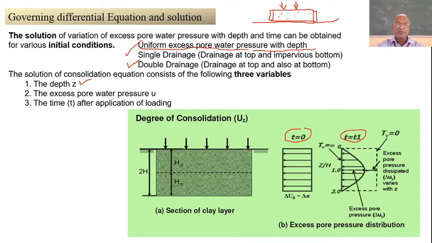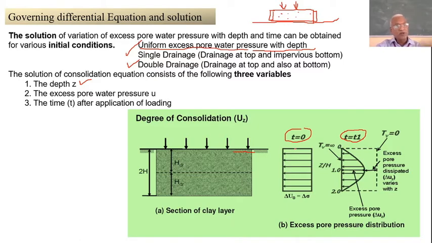Then what happens is, nearer to the edges, the water that is present at the ends will be going out. A small layer of soil, if you take it, is fully consolidated, in the sense that whatever pressure the water in it was having is released.